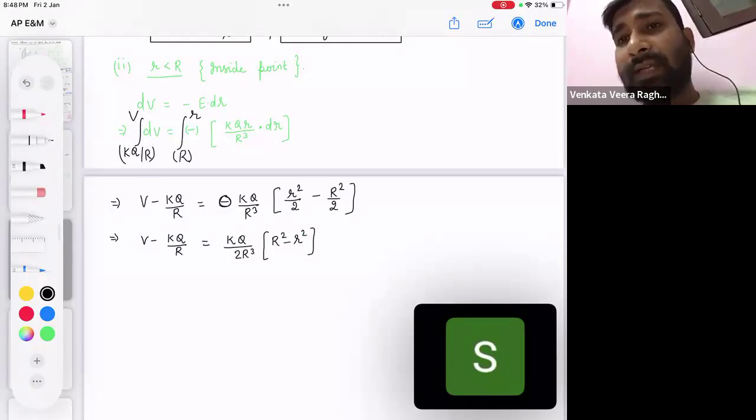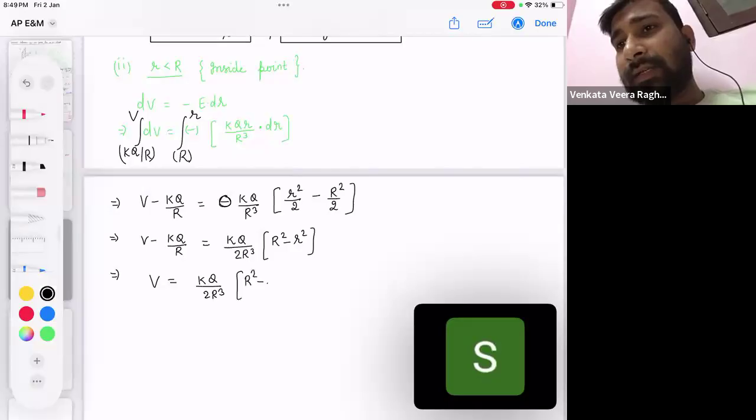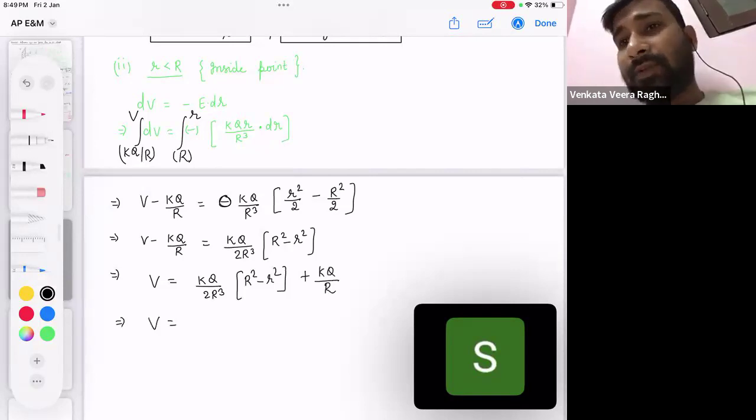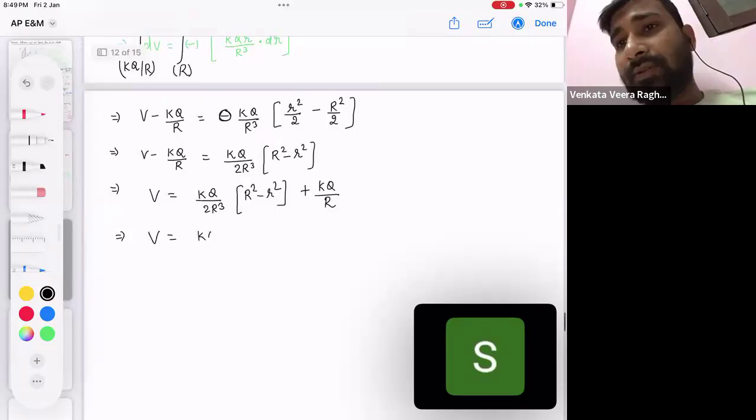I have sent the minus inside, so let's send the KQ/R to the other side. So KQ/2R³ times (R² minus r²) plus KQ/R. Just simplify a little bit and we will get our answer in the desired format. Okay, so KQ/2R³ into (3R² minus r²).